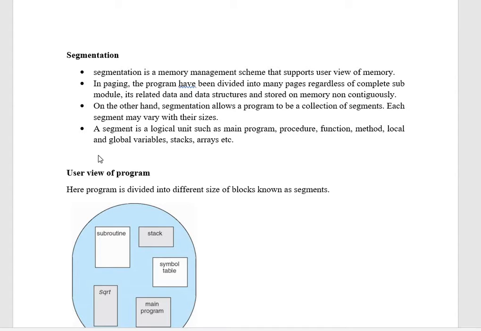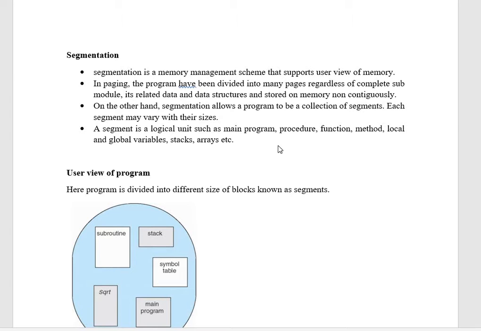Then how is it supported? A segment is a logical unit such as main program, procedure, function, method, local and global variables, stacks, arrays, etc. We call a block of the program a segment if it has all the relevant information, all the related instructions that constitute that piece of code.